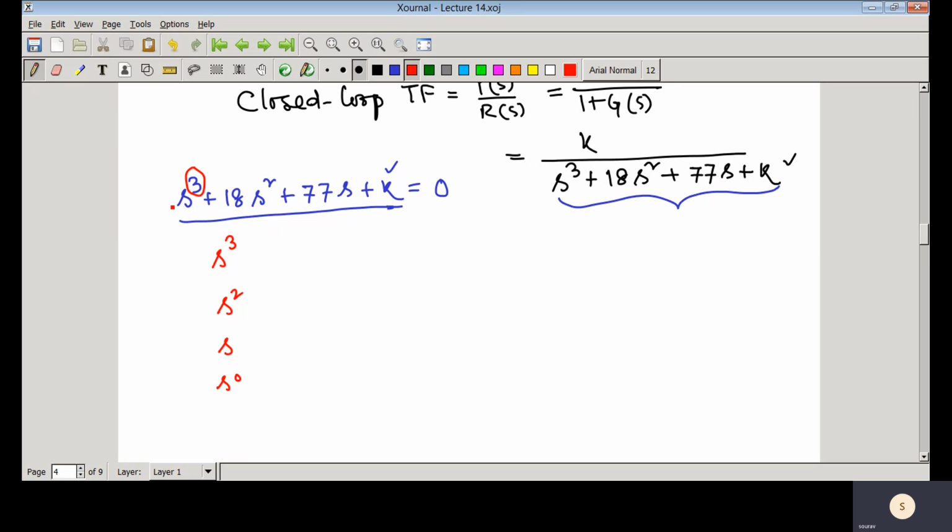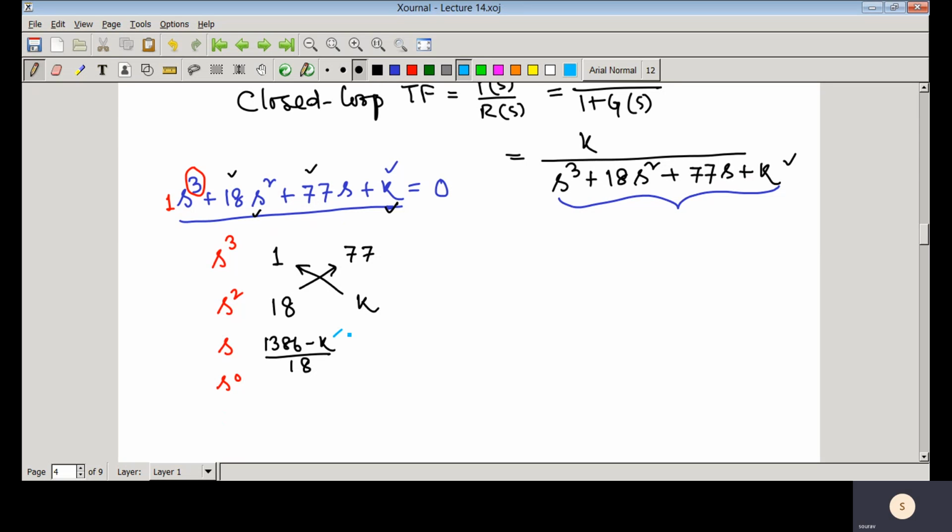The first coefficient is 1 here, then 77, and for s square this is 18, and next one is K. Now if we follow this multiplication, that is 18 into 77, that is 1386, minus K, divided by 18.